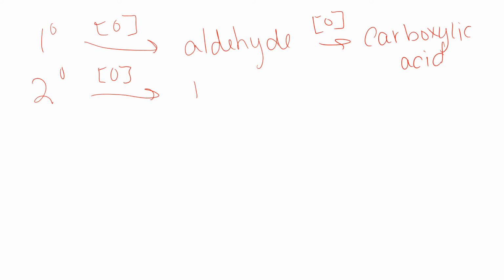You are going to have a single-step reaction and you will form a ketone. Tertiary alcohols have no open carbon-hydrogen bonds to break, and therefore, in the presence of an oxidizing agent, you get no reaction.